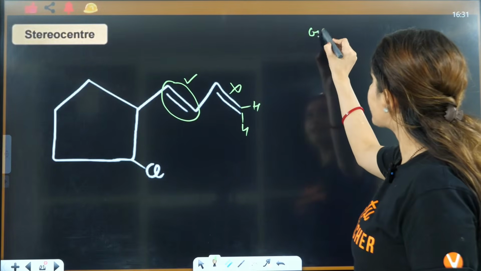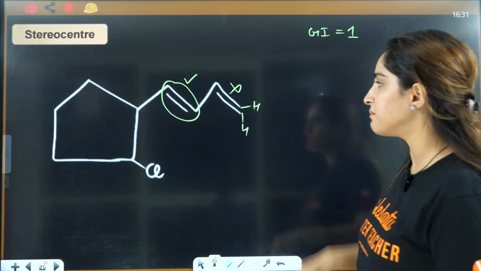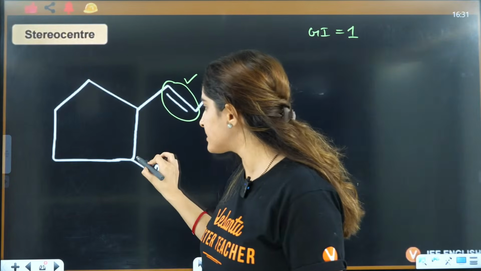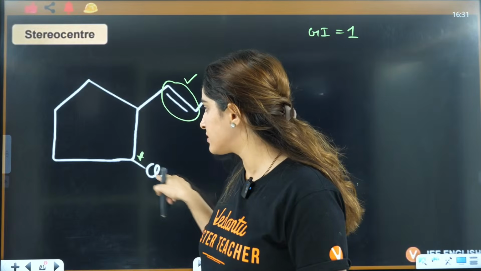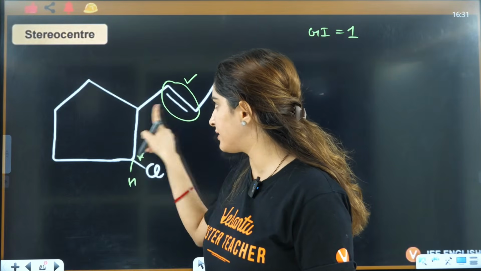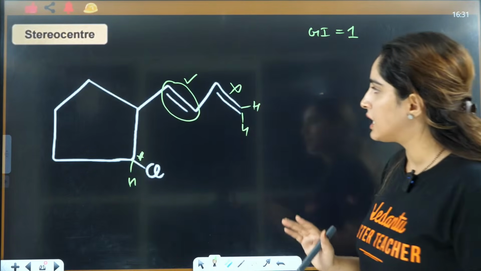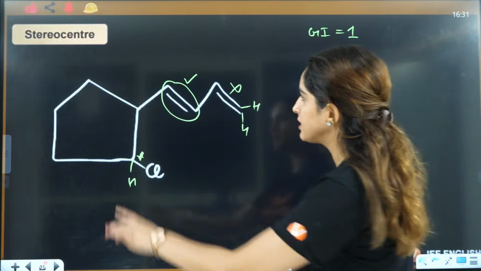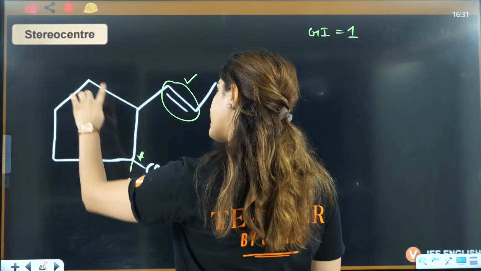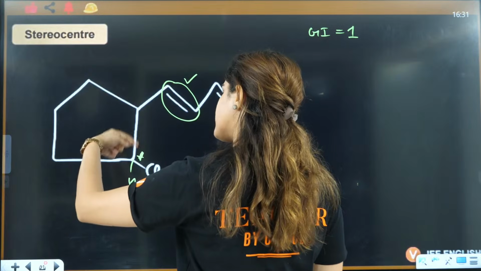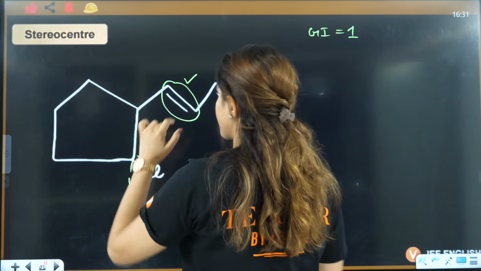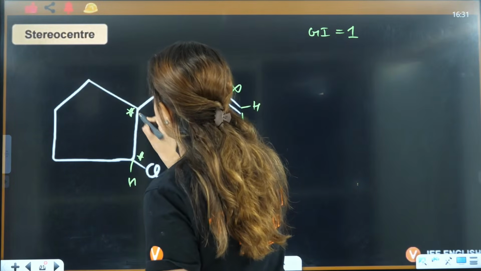So GI site is 1, okay? This is the chiral carbon, Cl is different, H is different, this is different, this is different. Here 1, 1, 2, 2, these are different, this is also a chiral carbon, right?